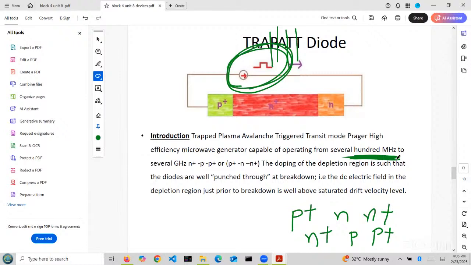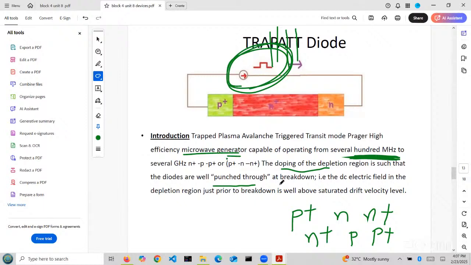This application is useful in microwave generators. And next, here the doping is in such a way that it is up to punch-through or at breakdown. What is the meaning? Here plasma is produced. Here we call it the capacitor charging and discharging.